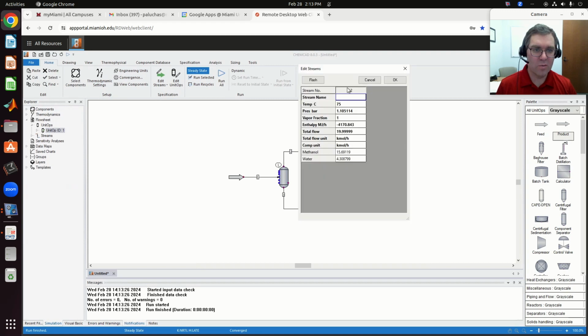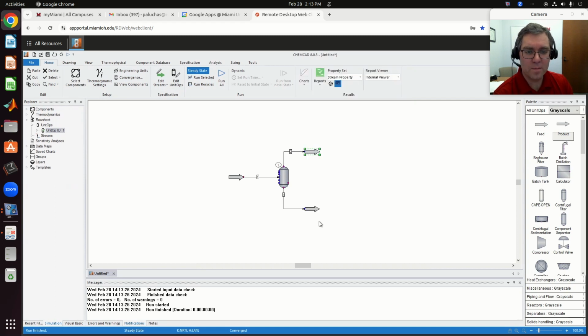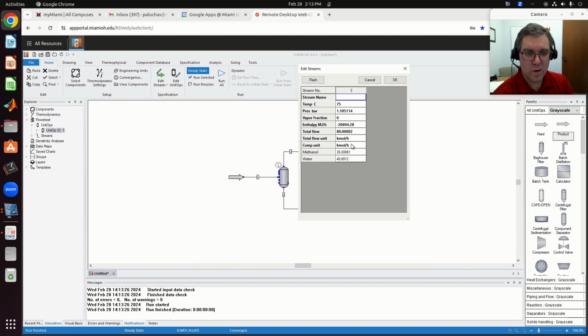So stream 2 is going to be my vapor phase coming off the top, with a vapor fraction of 1. Right now it's in kilomoles per hour, but I can make that mole percent. Remember my inlet stream was 55% methanol, 45% water. Methanol is my most volatile component, so I have a vapor stream which is rich with respect to methanol. Then a liquid stream, I'm going to make this mole percent, which is rich with respect to water.